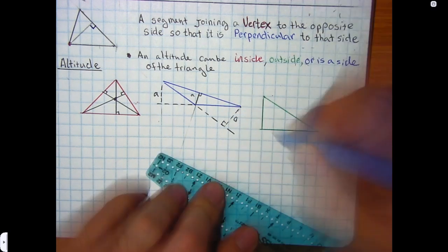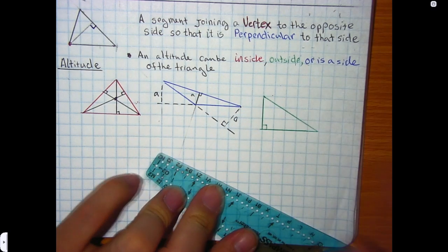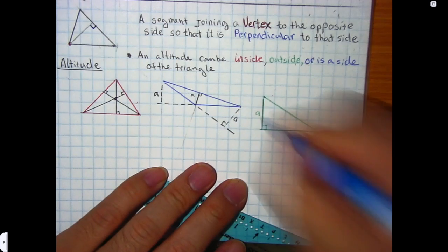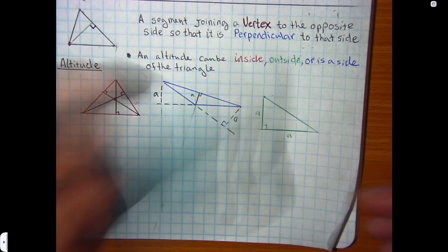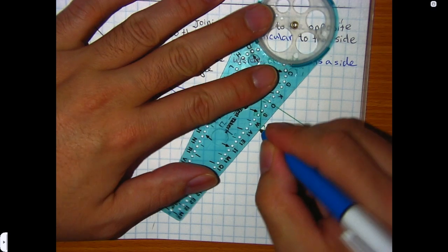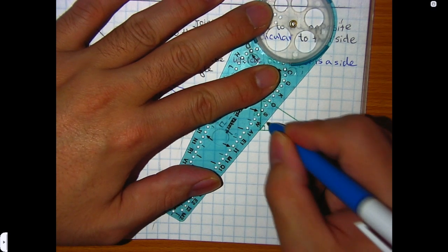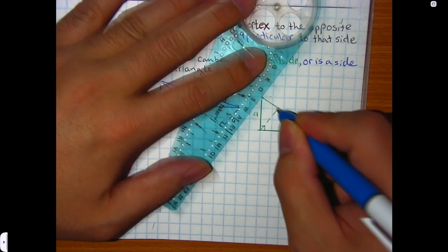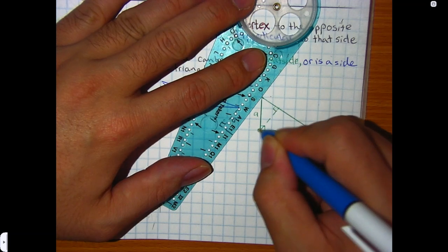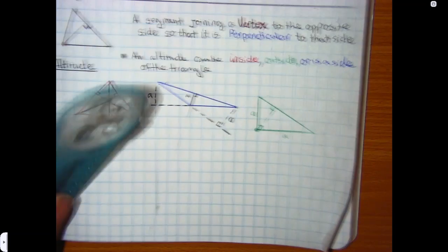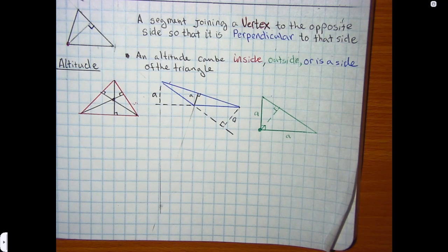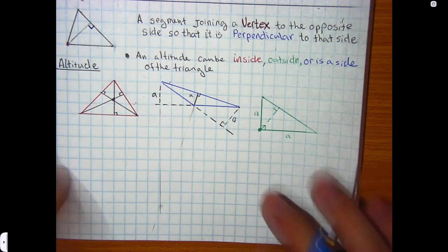So in this case, because this is a right triangle, this will be an altitude, this will be a second altitude, and you have a third one on the inside. They will still intersect. The intersection is at a vertex for this particular type of triangle.